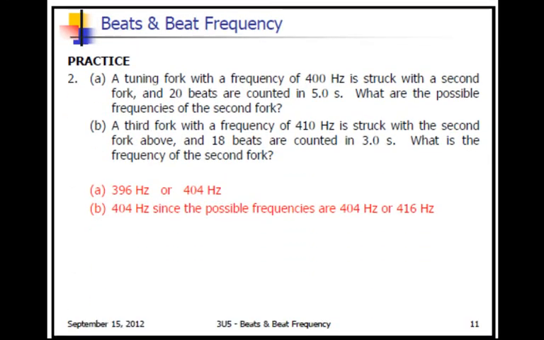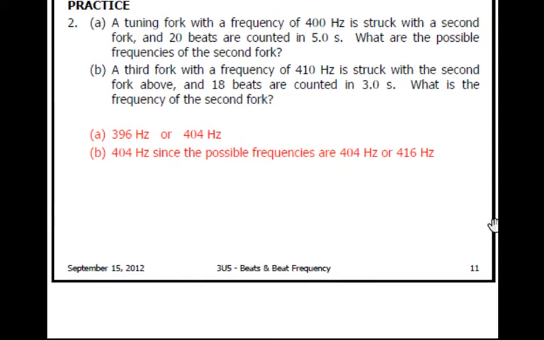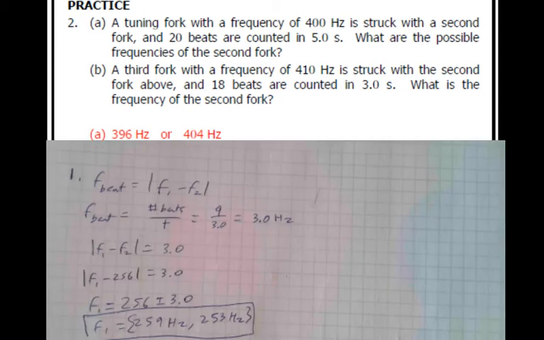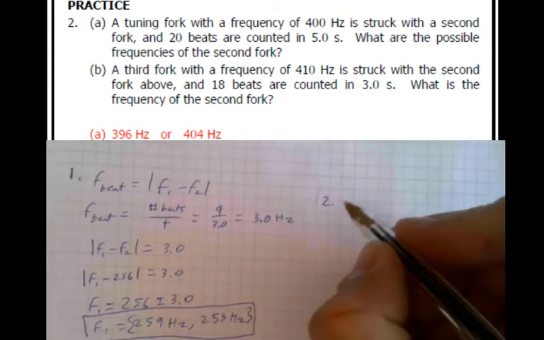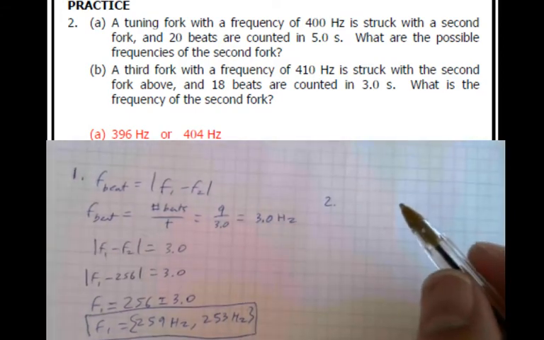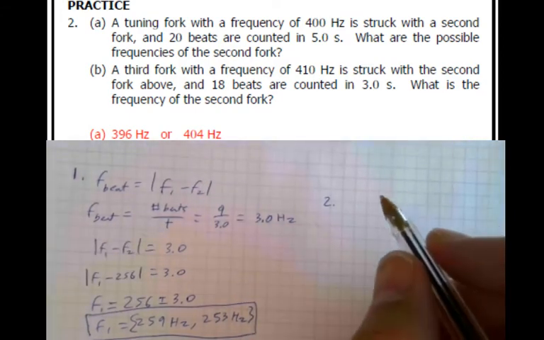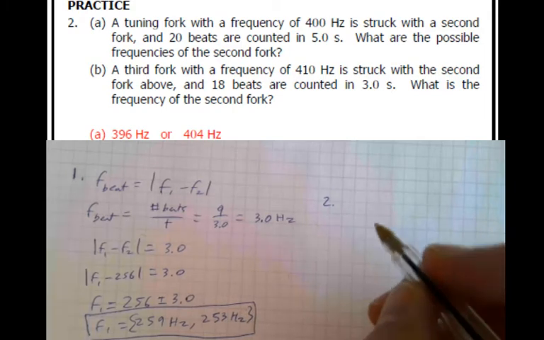So let's look at a question where we're given a little more information in the second part, so that we could possibly solve it. In our first case, a tuning fork with a frequency of 400 hertz is struck, and we have 20 beats in 5 seconds.